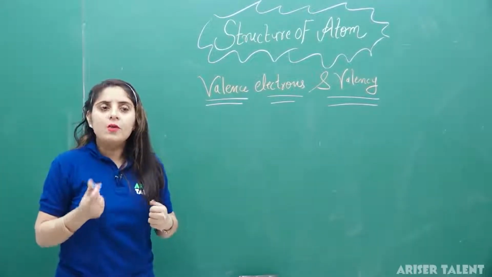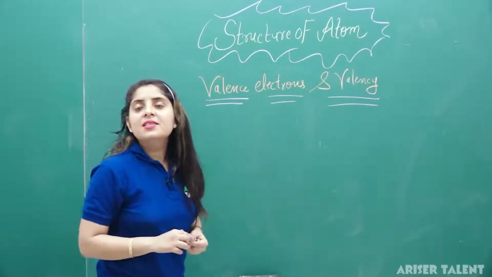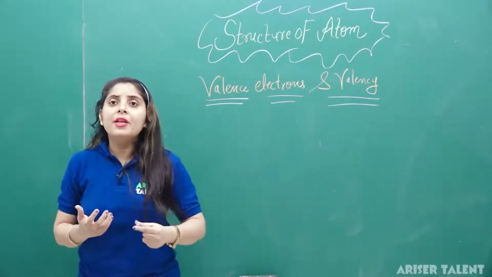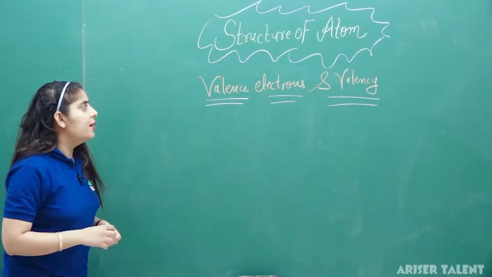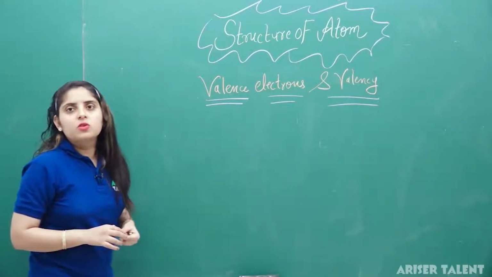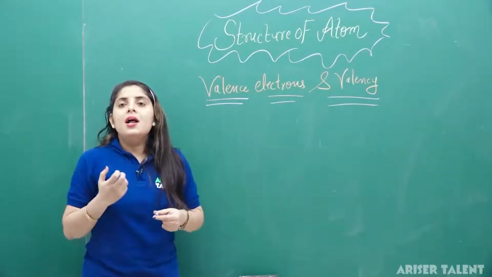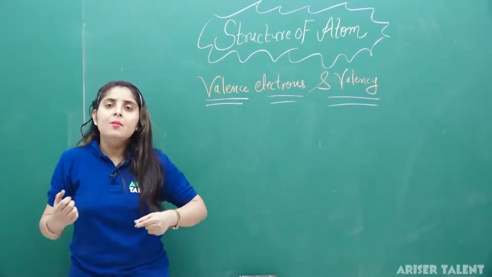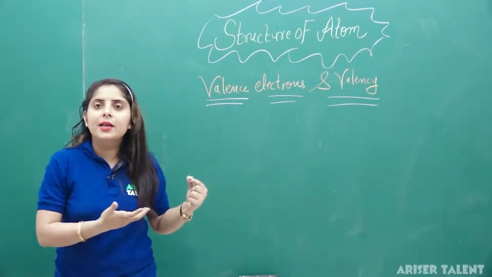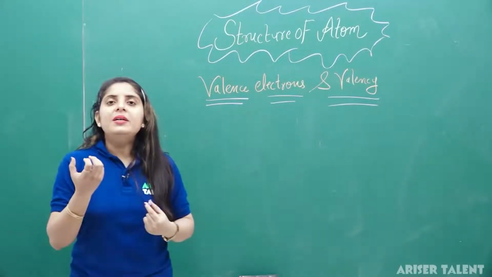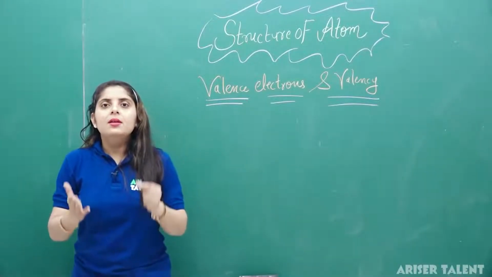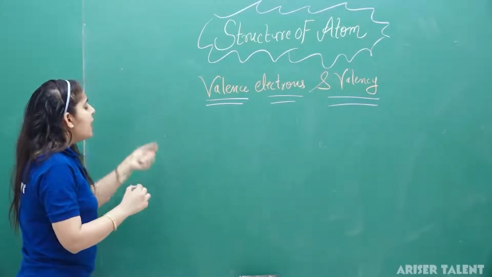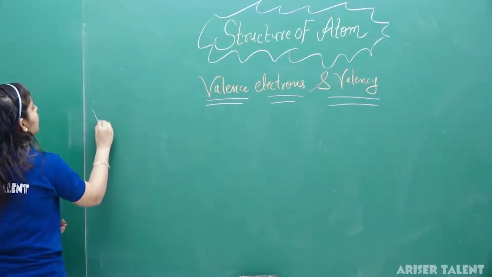What will be the valency of an element? This topic I have discussed in chapter number 3, that is atoms and molecules, but I will remind you for a quick revision here. Valence electrons are the number of electrons present in the outermost shell of an orbit. But what is the value of valence electrons here? The valence electrons will tell us about the nature of the element, the chemical reactivity of the element, and the chemical bonding between them.